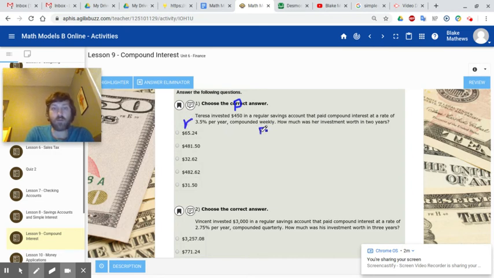That means we're going to use 52 as our N. And then how much was our investment worth in 2 years? That being T. So we have P, R, N, and T all here. So let's start typing this in.